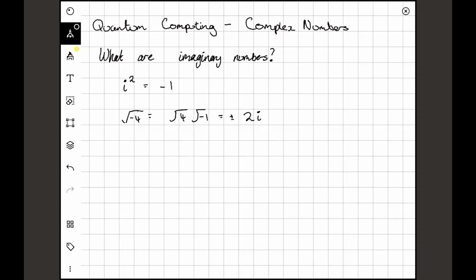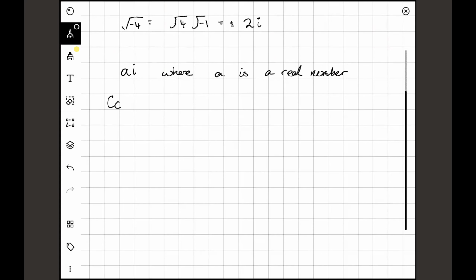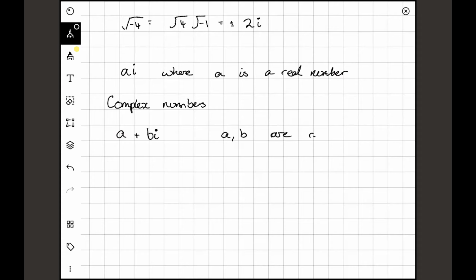Now, imaginary numbers are any number of the form ai, where a is a real number. So that is a normal number that you're used to. Now we can use this to define the complex numbers. And the complex numbers are just numbers of the form a plus bi, where a and b are real numbers.